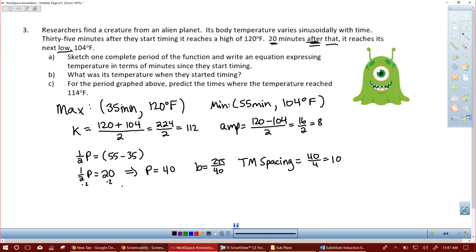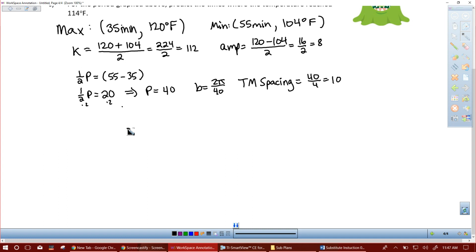Okay. Now, I am going to go to my calculator, but before I go to my calc, I want to know exactly what this looks like. So just like I did on the Ferris wheel, I'll put my middle. That's going to be at 112. I'll put my ceiling.